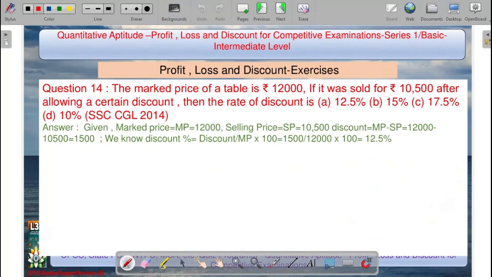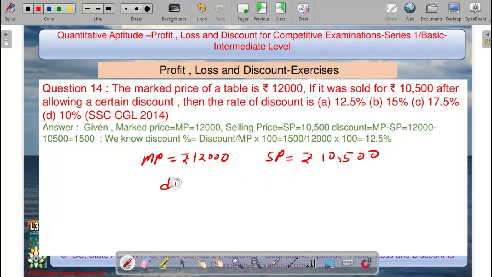Next question. The marked price of a table is rupees 12,000. If it was sold for 10,500 after allowing a certain discount, then the rate of discount is? So here what is given? Marked price rupees 12,000, selling price rupees 10,500.